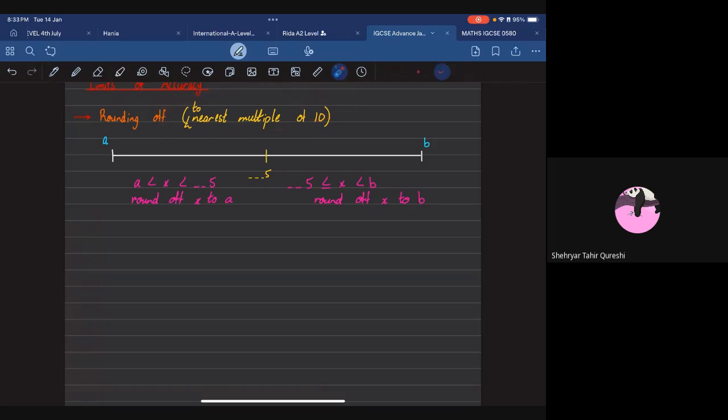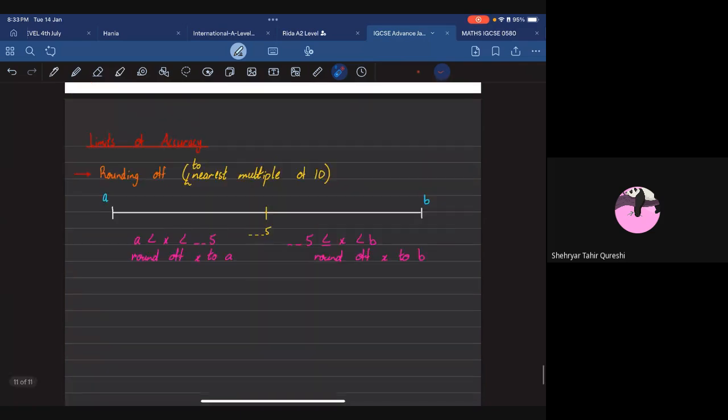All right. So how do you find out the midway point of the number you're trying to round it off to?